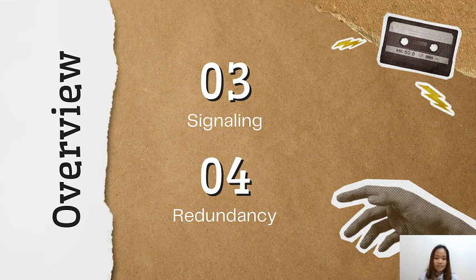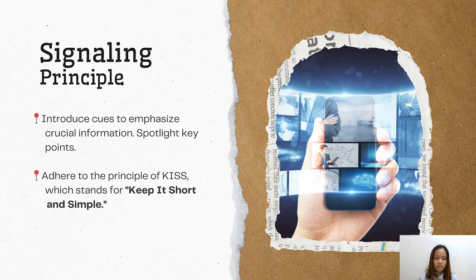Now, the signaling principle. It says here, introduce cues to emphasize crucial information, spotlight key points. This also suggests being on point, but it's about being on point on what you visually present to people.